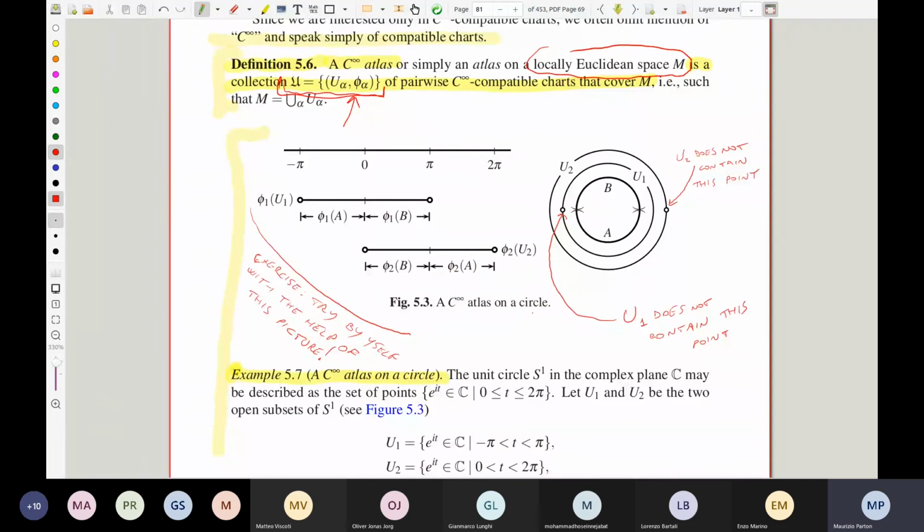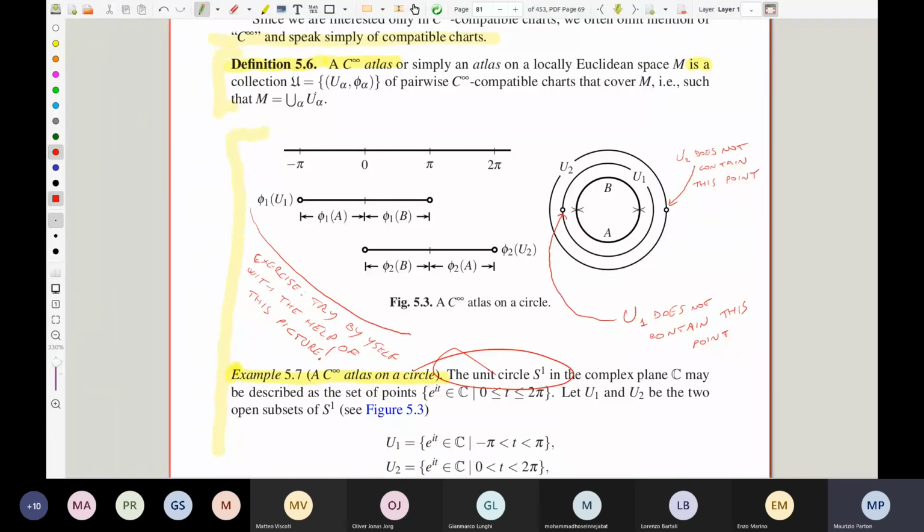Question: is the unit circle a manifold? Can we try to check if it is a manifold just with a picture? The answer, of course, is yes. What do we need to do in order to prove that it is a manifold?